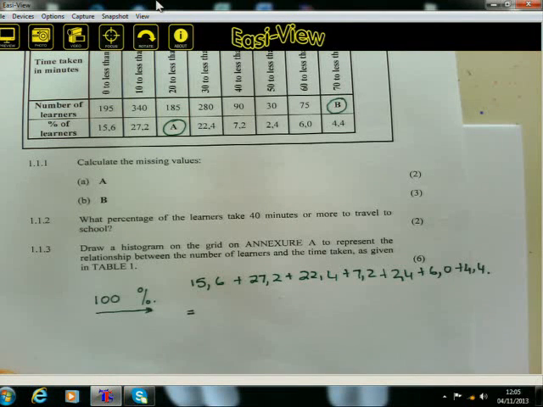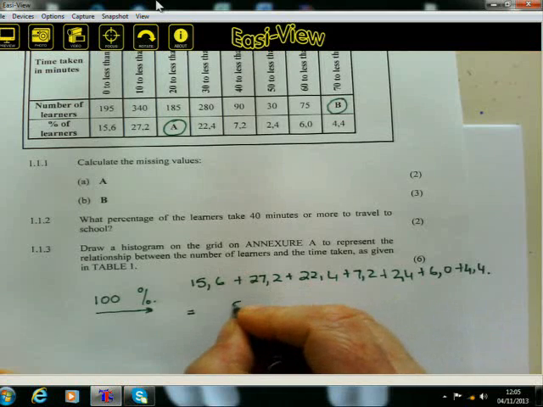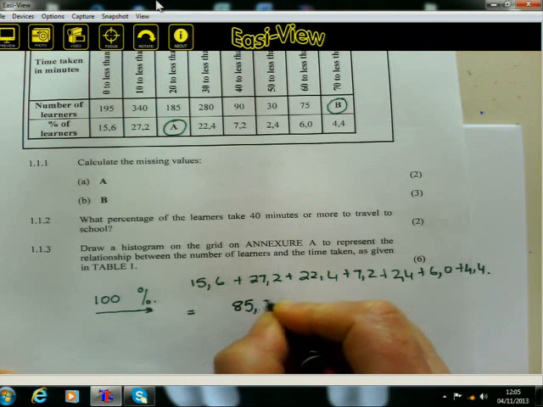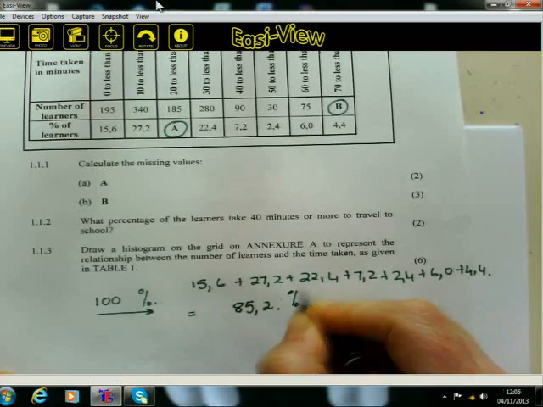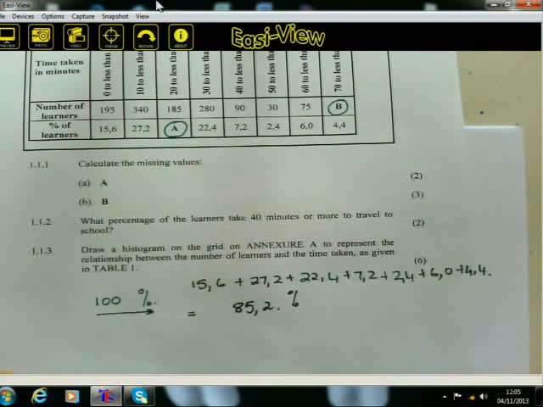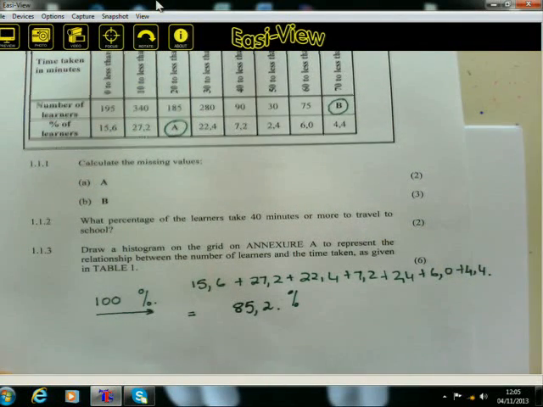Okay, grade 12. What did you get when you added all those percentages? You should have had an answer of 85,2%, meaning that all these values given are adding up to 85,2%.